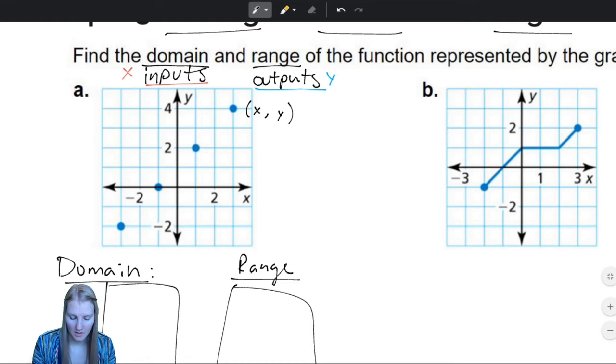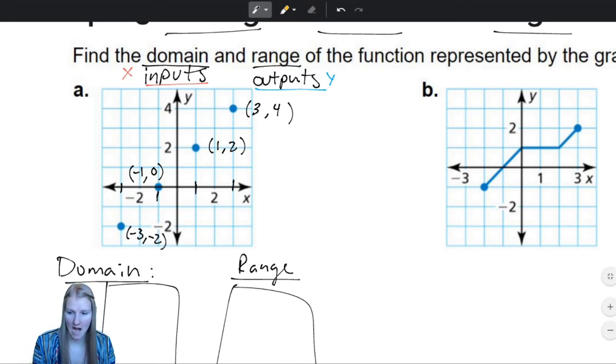The first point, we'll look at the top right point first, and that is at 3, 4. The next point is at 1, 2. The third point is at -1, 0. And the last point is at -3, -2.